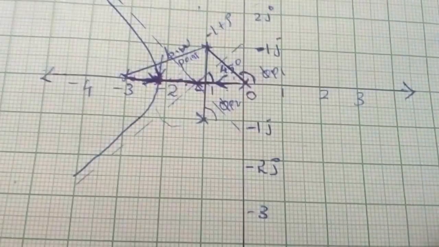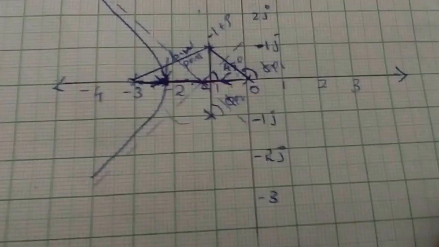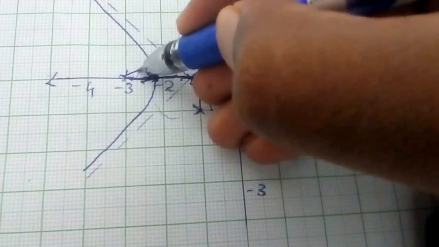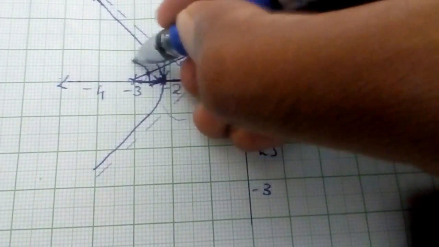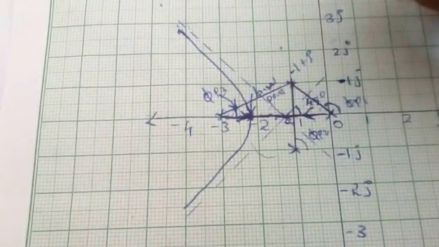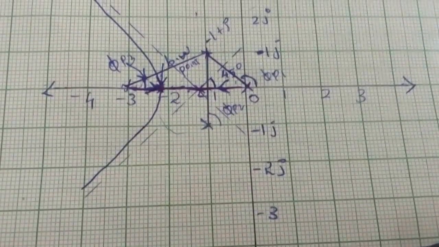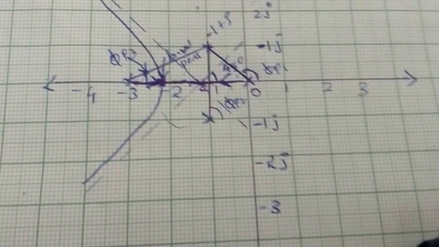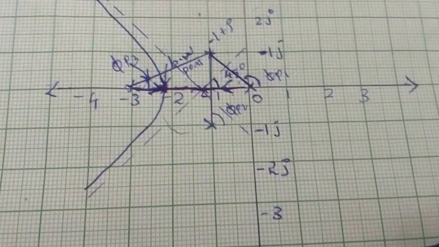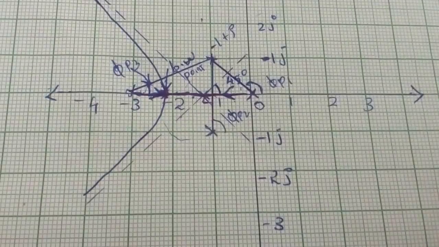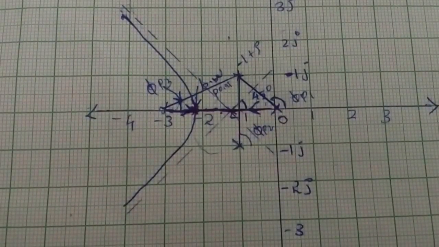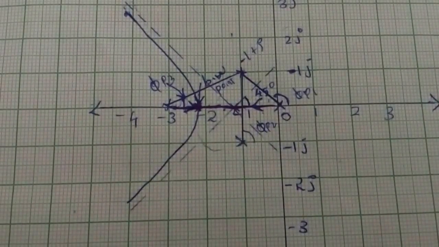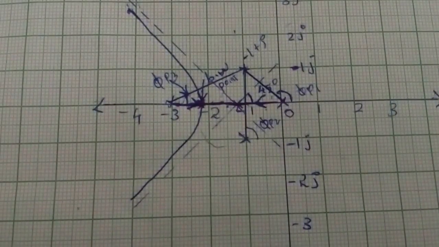It may be nearly 135 degrees or 130 degrees, and also this angle right here is phi p3. I'm sorry that the clarity is a little less here. Whatever, find phi p1, phi p2 and phi p3 using a protractor, and add them all and you get phi p.